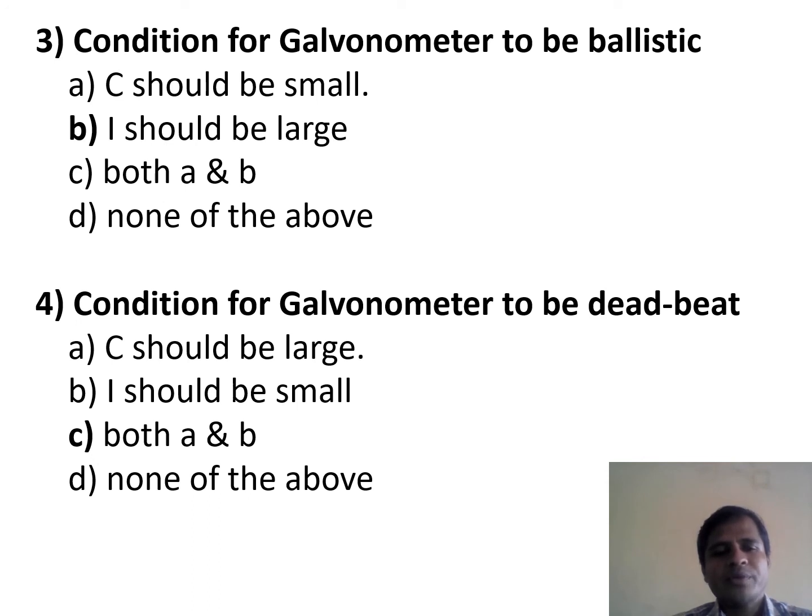We have four options. The correct option is C, that is both A and B. For a galvanometer to be deadbeat, the couple per unit twist C should be large, and the moment of inertia I should be small. So the correct option is C, both A and B are correct.